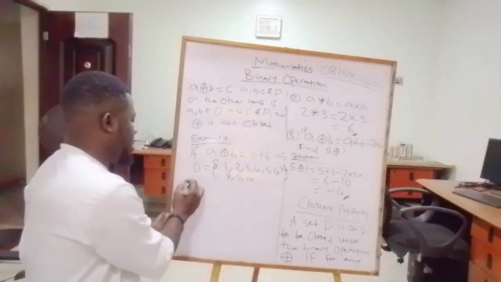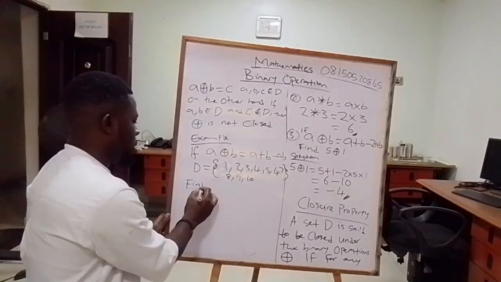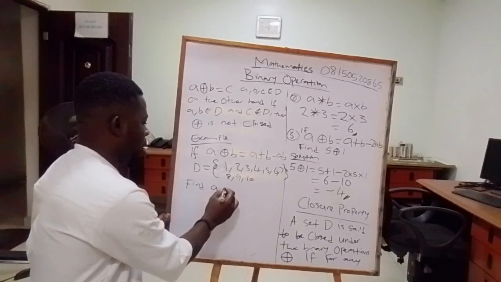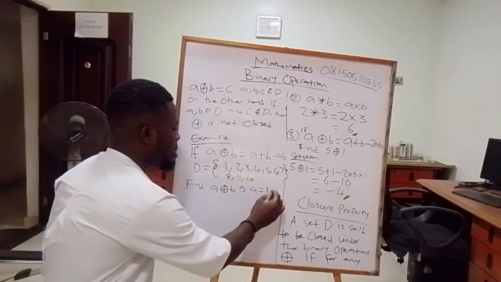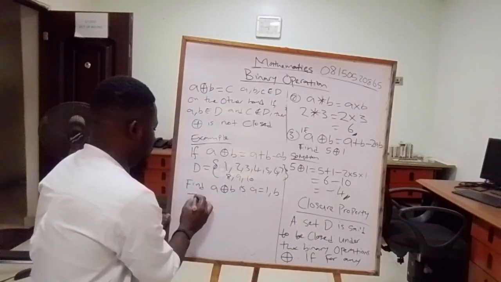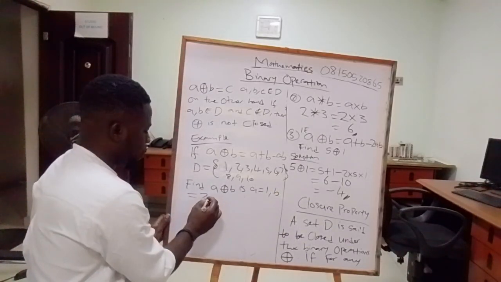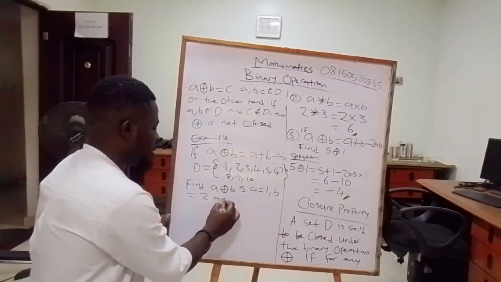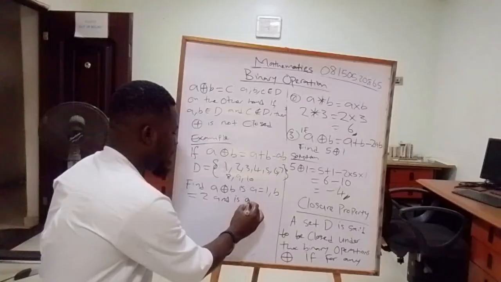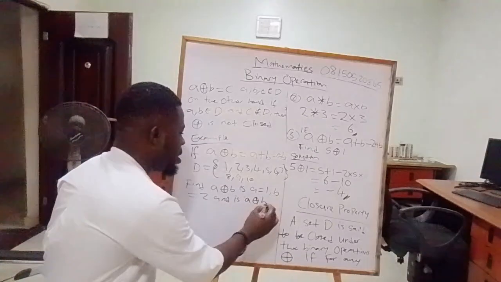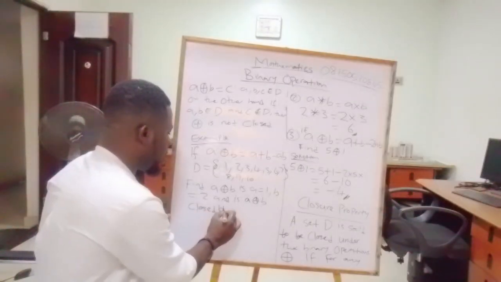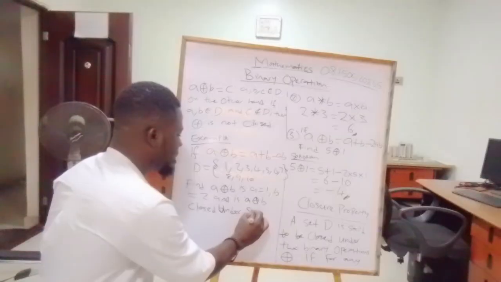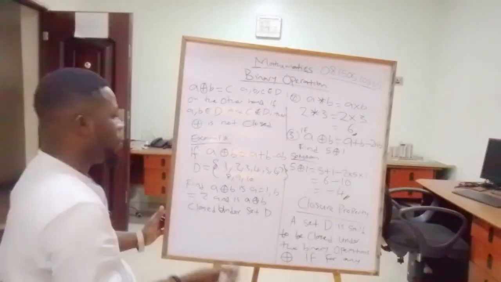Find a operation b if a equals 1, b equals 2, and is a operation b closed under set D. So how will you now confirm?